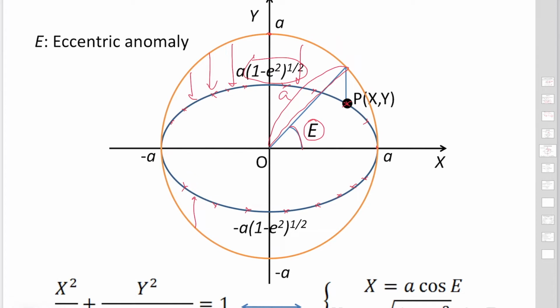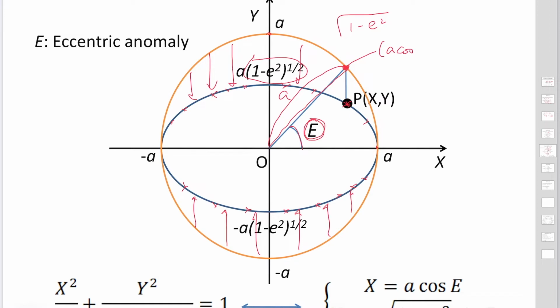If you compress the circle with the factor of square root of 1 minus e squared, you could find this point. So the coordinate of this point on the circle can be expressed using E, the eccentric anomaly.